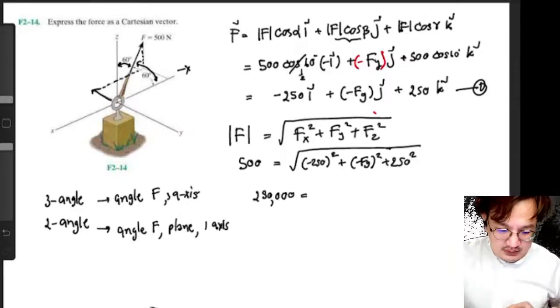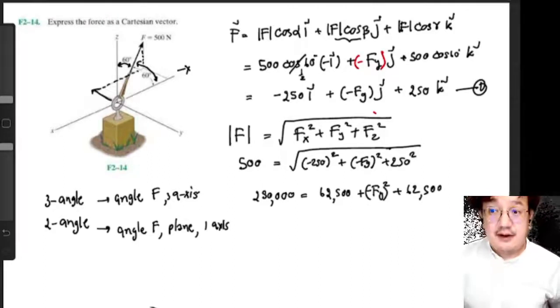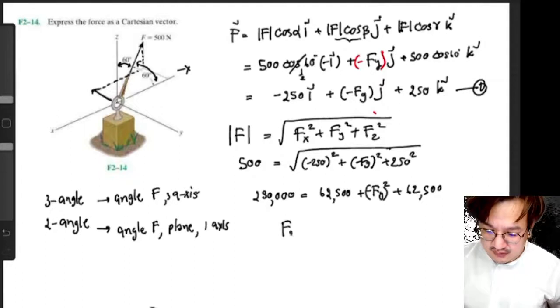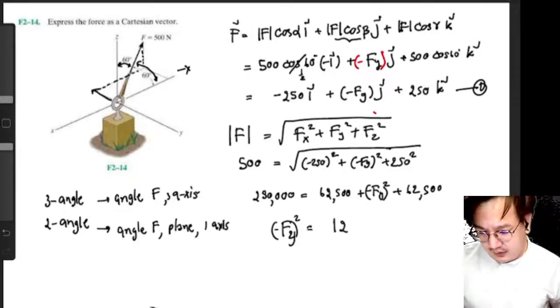You will get 250,000 on the left hand side, and then 62,500 plus Fy squared plus 62,500. So you can find that Fy squared should be equal to 125,000.